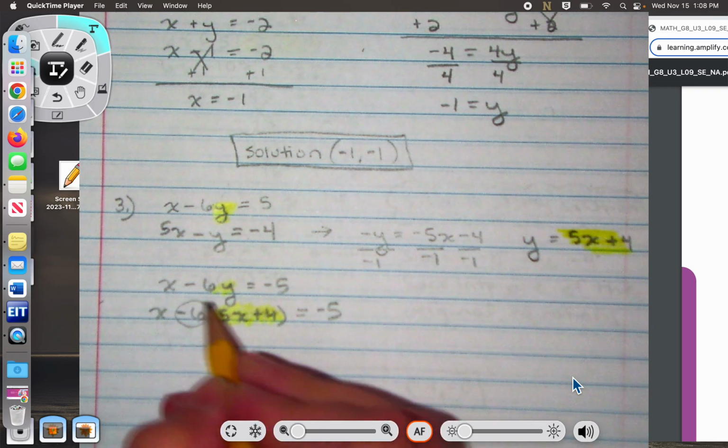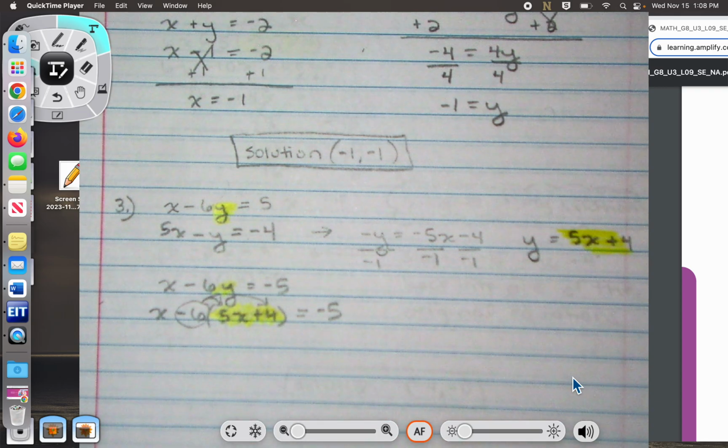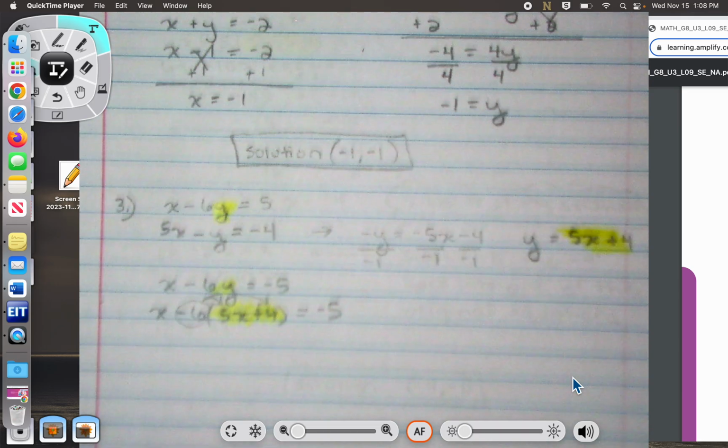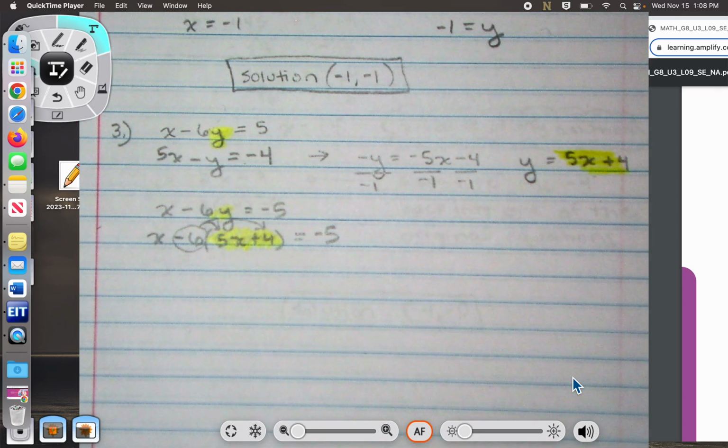And don't forget this is a -6 being distributed. But Carter, however you worked yours out, you don't have to change it. You can just keep going through what you were doing. Okay. Got the same answer?